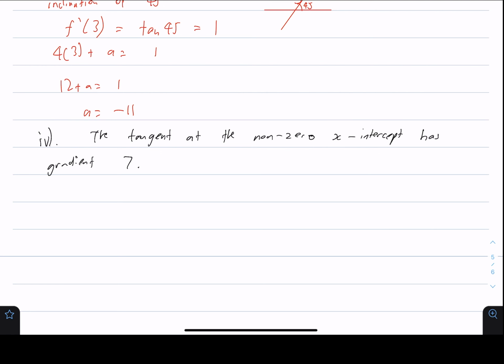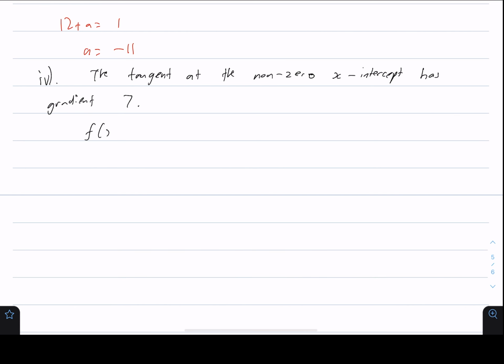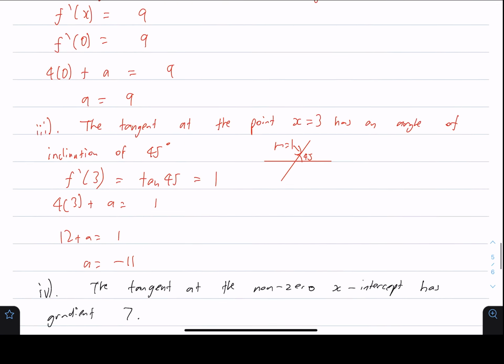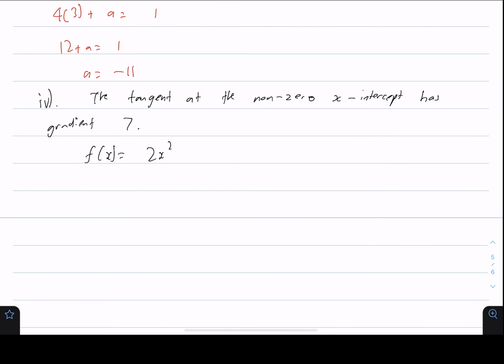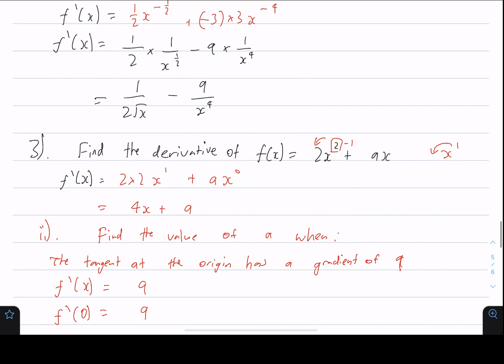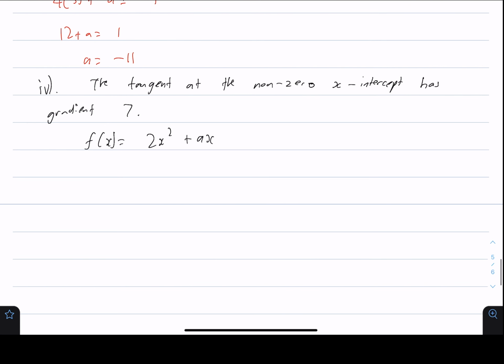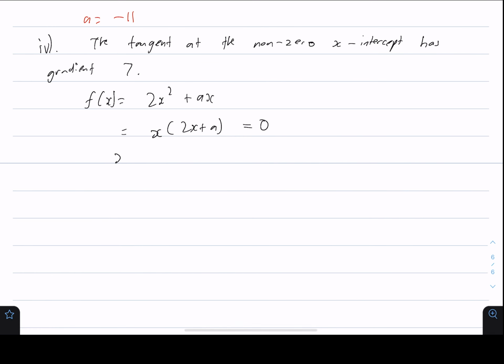So what we need to do here is go back a step and look at our original function, f of x equals 2x squared plus ax. We can factorize this to find the intercepts and make it x outside of 2x plus a. To find the intercepts, we let that equal 0, and we can see that the intercepts are at x equals 0 and 2x plus a equals 0. If we solve for x, the other intercept is x equals negative a on 2.